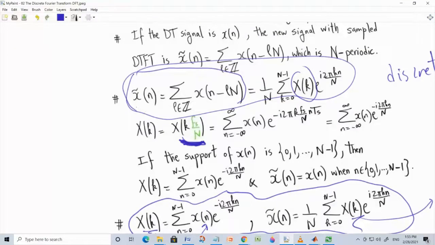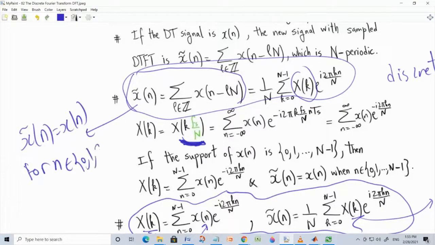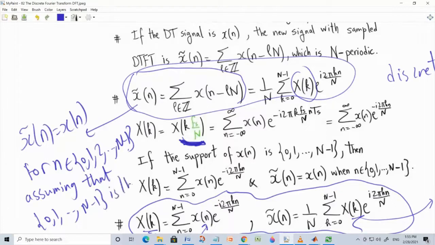It's the periodization, and x tilde of n is equal to x of n for n in 0, 1, 2 to n minus 1, assuming that 0, 1 to n minus 1 is the support of x of n.